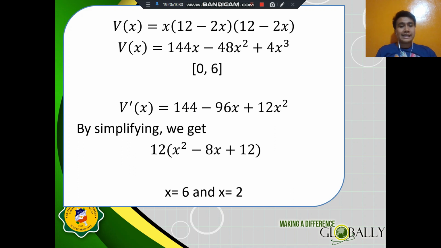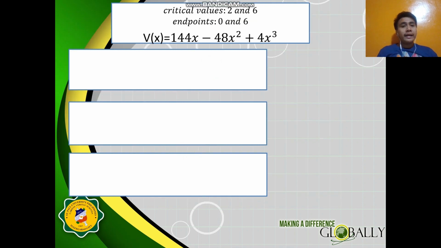So I think if it is a quadratic equation, there are two critical values, and if it is a linear equation, there is only one critical value. These critical values are both in the closed interval 0 to 6. So our critical values are 2 and 6, and our endpoints are 0 and 6.